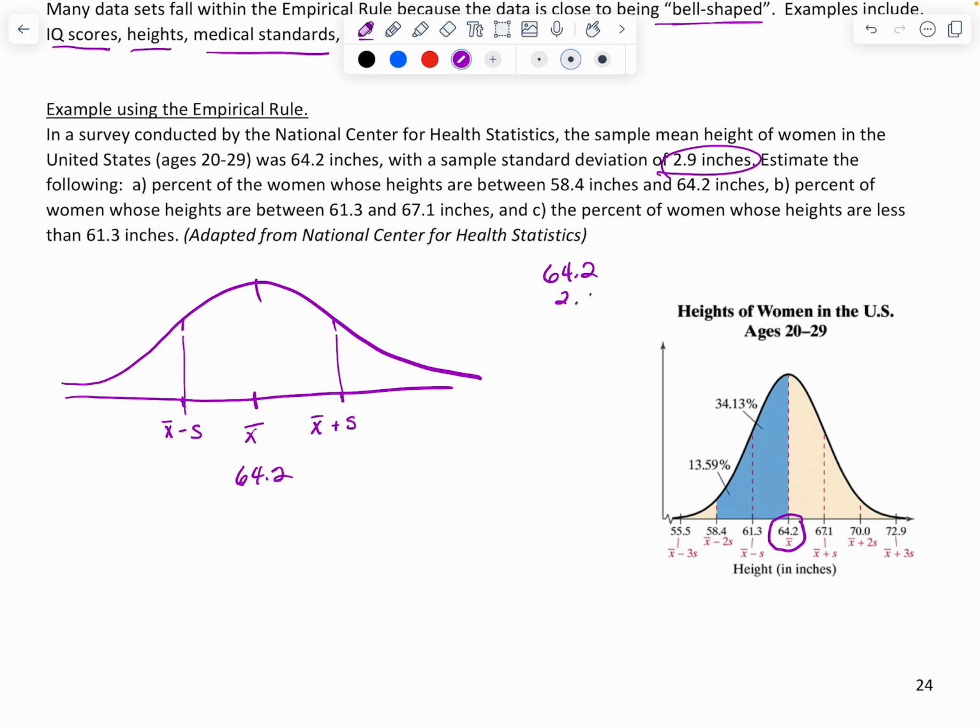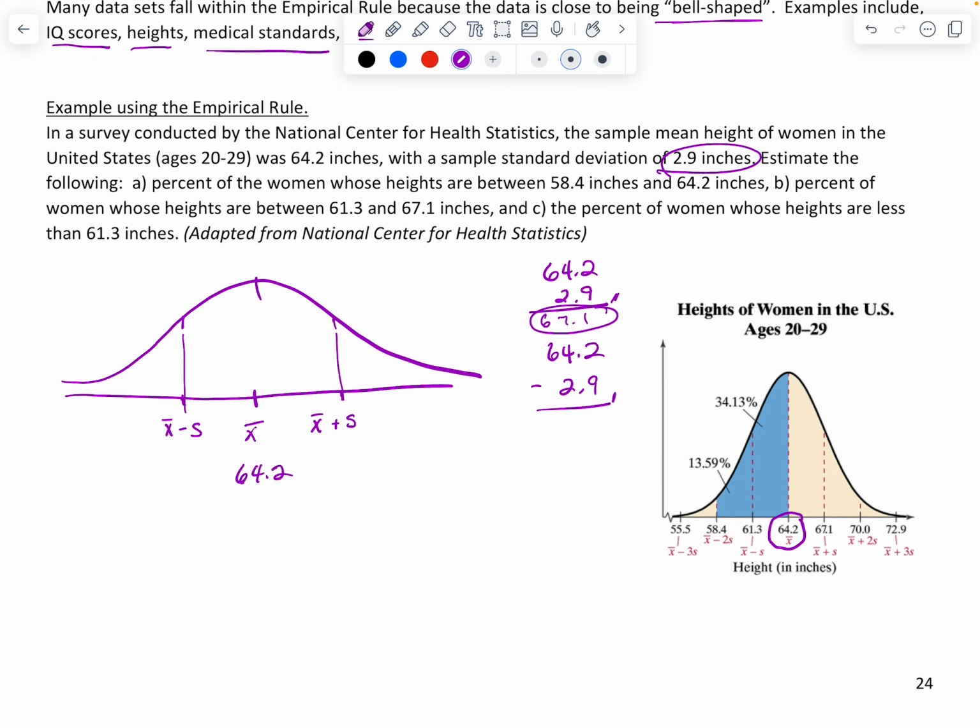So 64.2 plus 2.9 and 64.2 minus 2.9. This will get me to the right of the mean, and this will get me to the left of the mean. 64.2 plus 2.9 is equal to 67.1, and 64.2 minus 2.9 is equal to 61.3. So that's this value, 67.1, and 61.3.